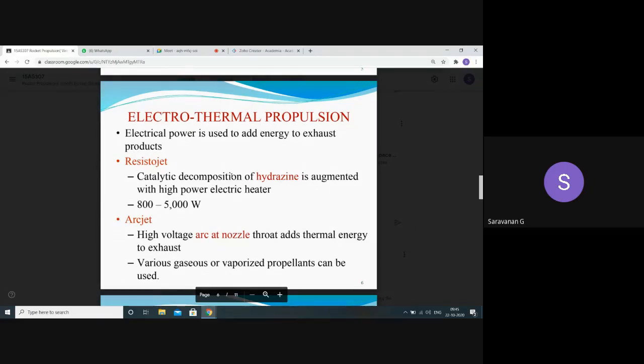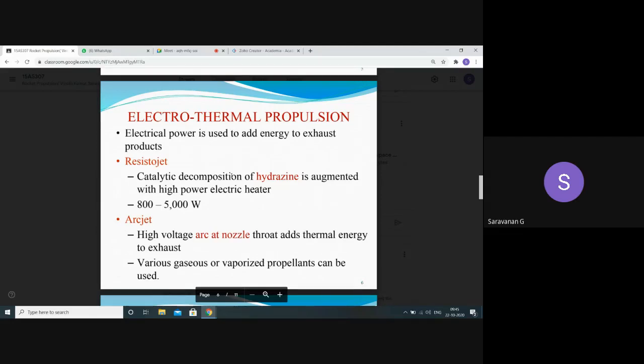The propellant, hydrogen, is decomposed by catalytic decomposition with the thermal resistance heating from the electric power supply through a resistor wall. Hence it is known as the resistojet system, using 800 to 5000 watts.